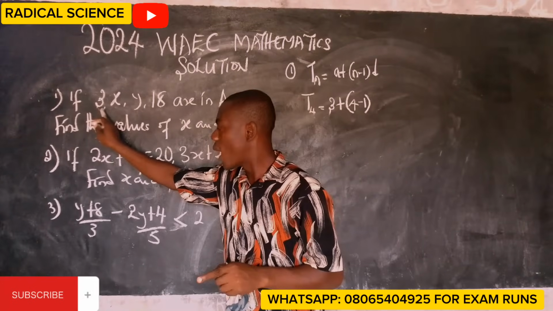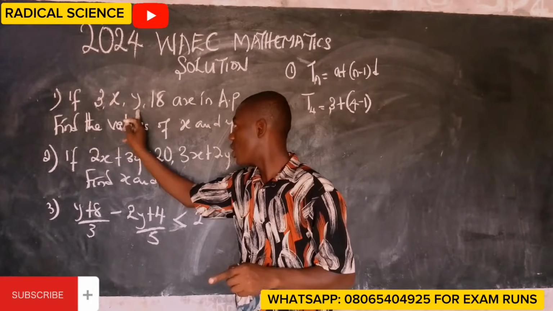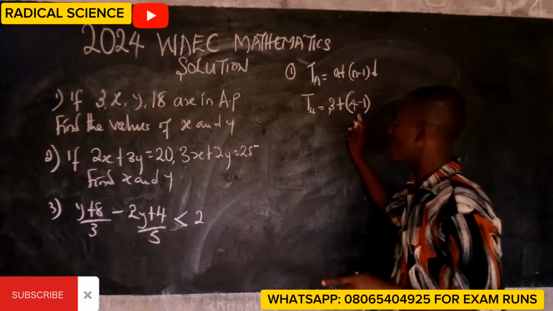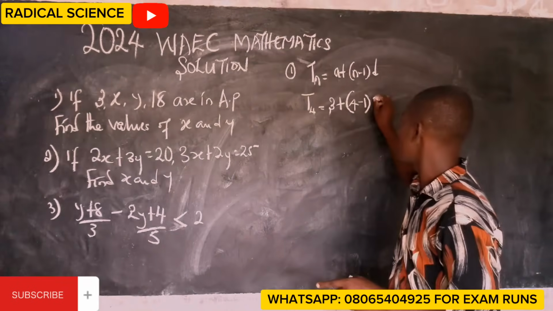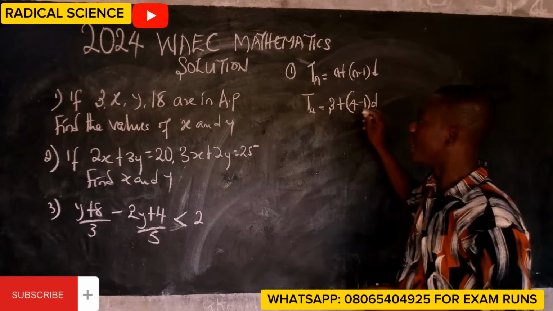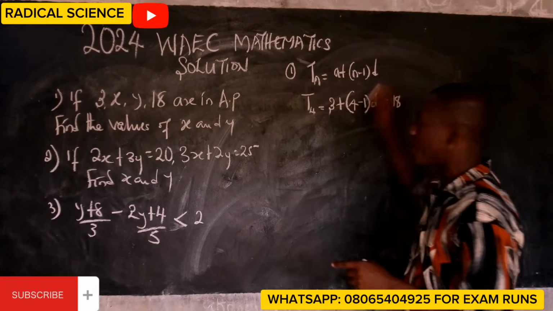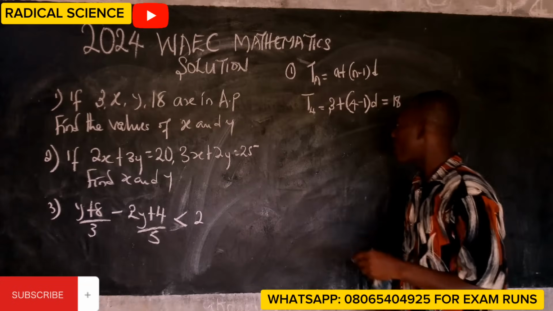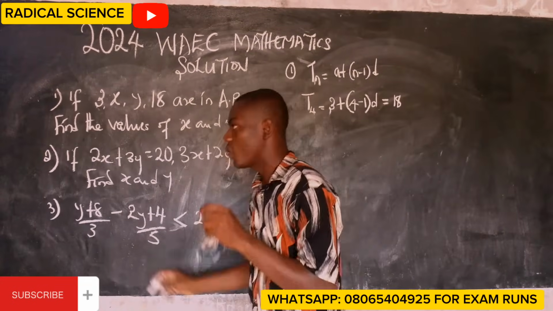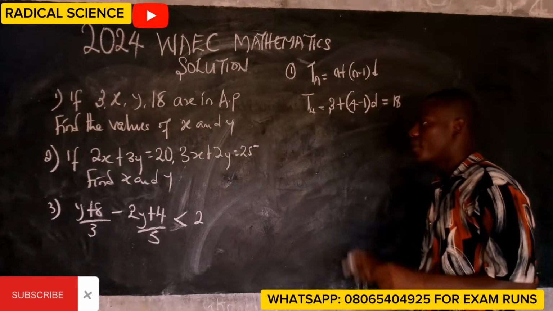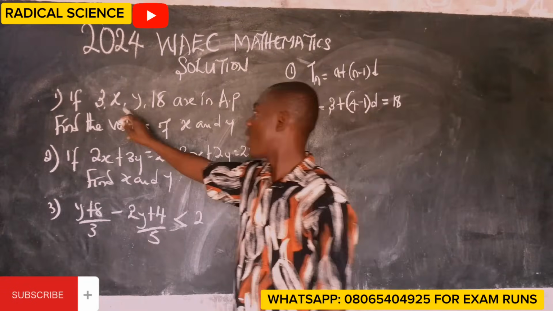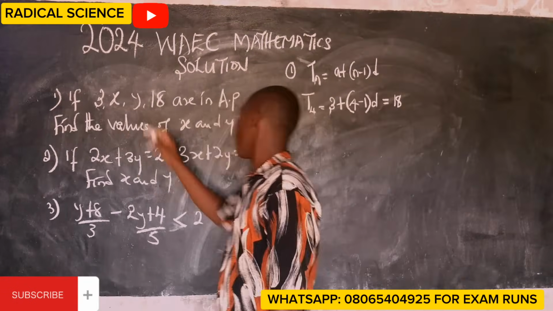We have 1, 2, 3, 4. That's how I get to this 4. And the common difference is unknown. And the 18 is the 4th term there. That is why we're going to first of all find the value of d. Then from the value of d, we can get the value of x and y.